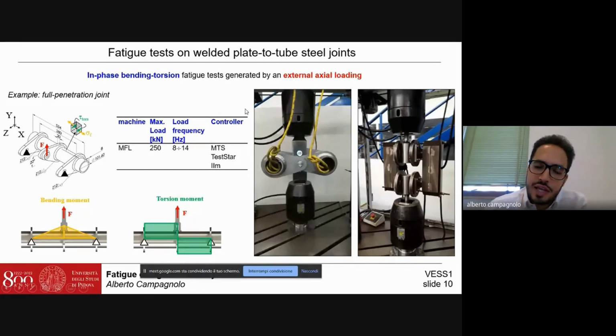So this is a case of industrial application and also a multi-axial loading condition applied to the weldment. A similar procedure, similar loads, is applied also to the Flowserve joints.